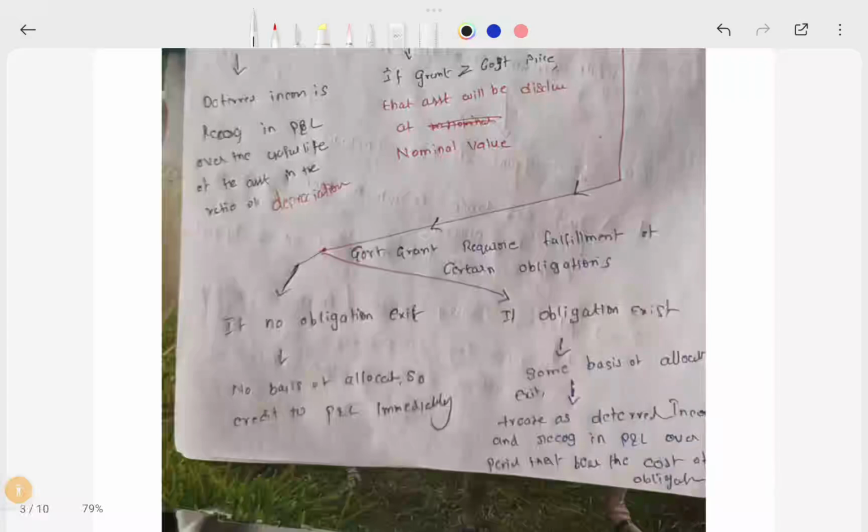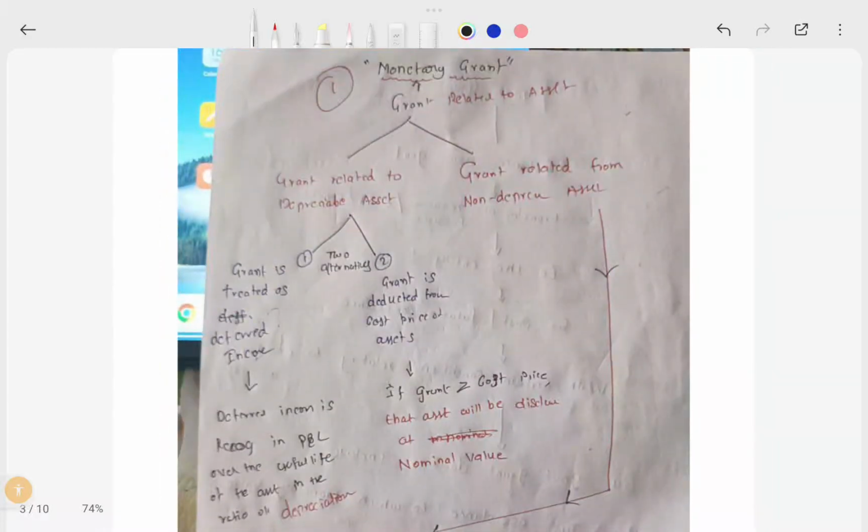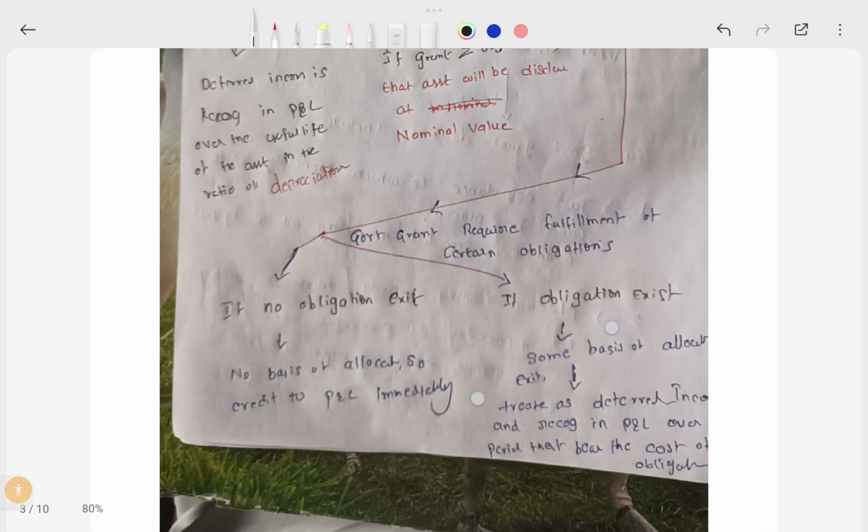And then government grants require fulfillment of certain conditions. I will explain that. What is the grant related to non-depreciable assets? If it is a non-depreciable asset, we need to check whether an obligation exists or not, that is, whether we need to fulfill certain conditions or not.